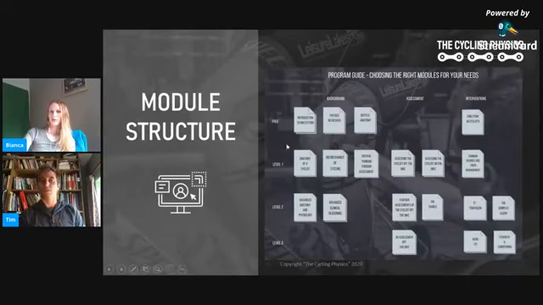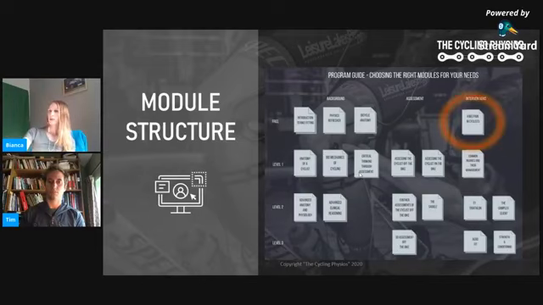So the module structure, these are just an example of some of our modules that will be published at some point. We have some different levels of modules. Some of them are going to fall under basic introduction level modules, so this one, knee pain in cyclists, falls under that.